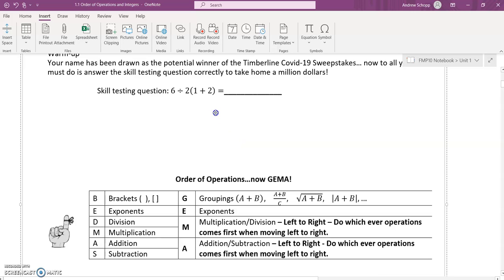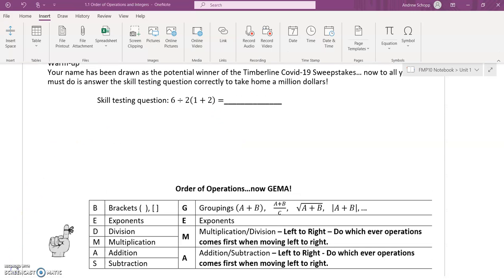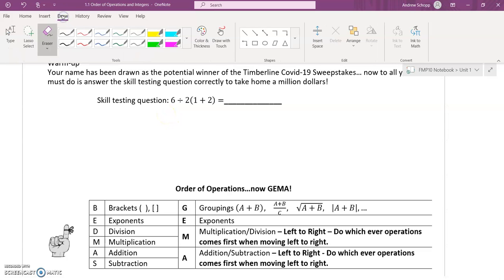So answering our sweepstakes question, we have 6 divided by 2 times 1 plus 2, and the 1 plus 2 is in brackets, or it is grouped. So we should first start there. 1 plus 2 is 3. So now we're left with 6 divided by 2 times 3.